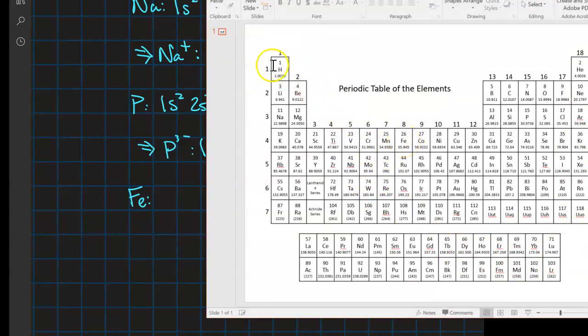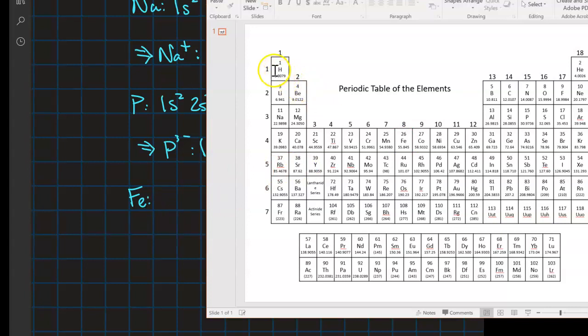Okay, so it's in period 1, 2, 3, 4, except that it's in the d block, so we need to subtract 1 from 4, so we'll get that it's going to be 3d, and it's in the 1, 2, 3, 4, 5, 6th column over within the d block, so it would be a 3d6. So we're going to fill in the electron configuration up to 3d6.